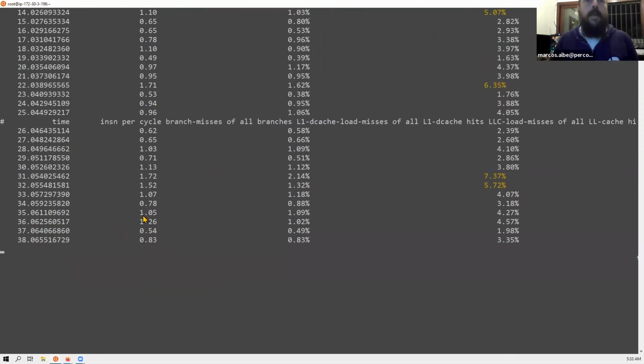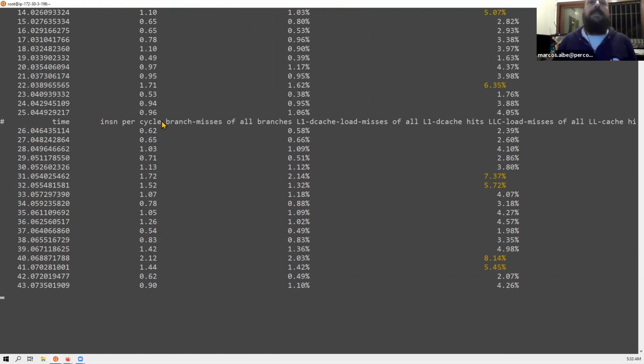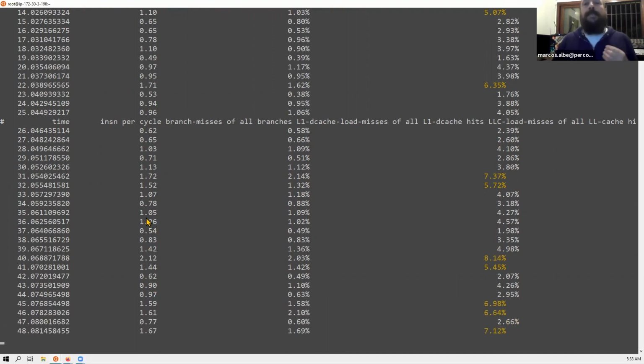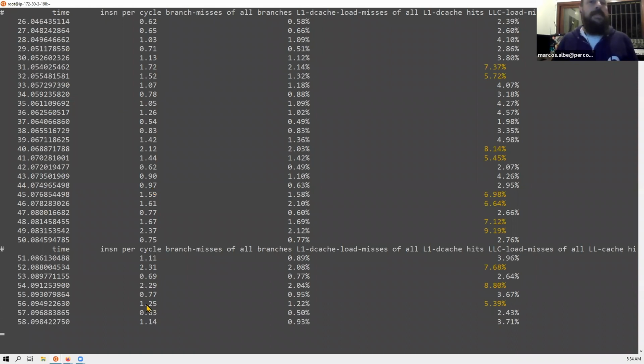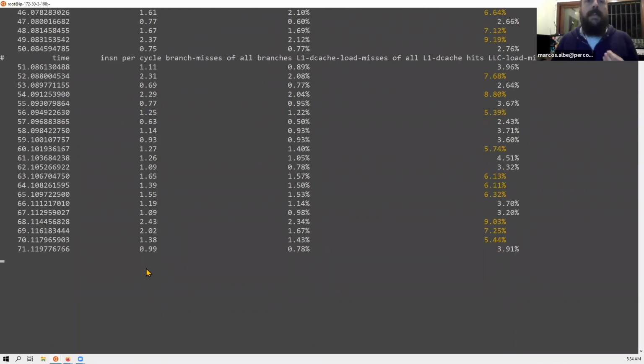But the one metric you always want to look at is the IPC, the instructions per cycle. This metric is basically the indicator of your CPU being stalled on memory or not. When it's below 1, it was unable to complete one full instruction in a cycle because it was unable to obtain the data from memory required to complete that instruction.